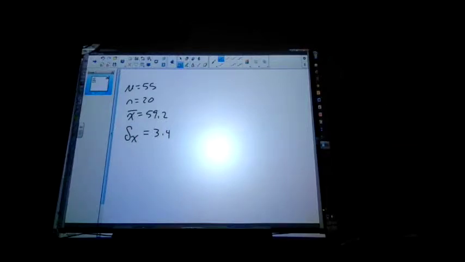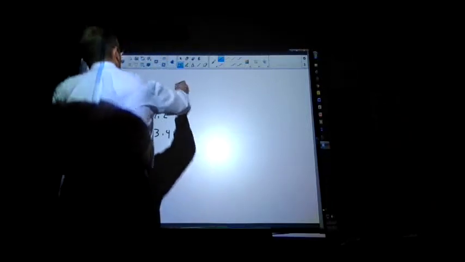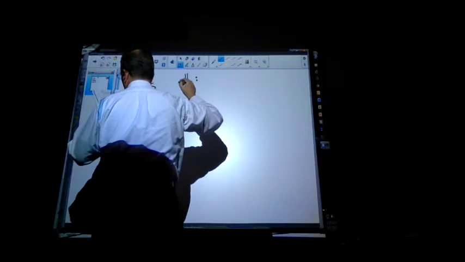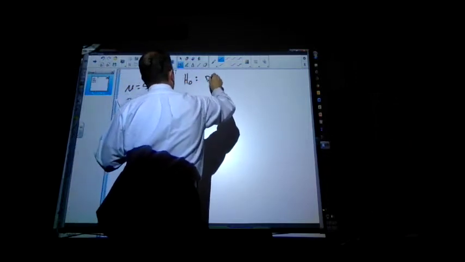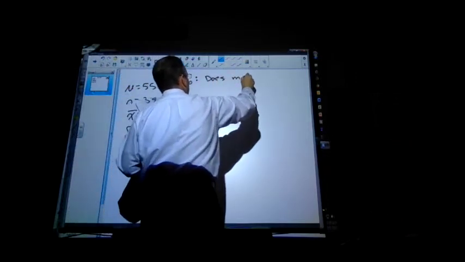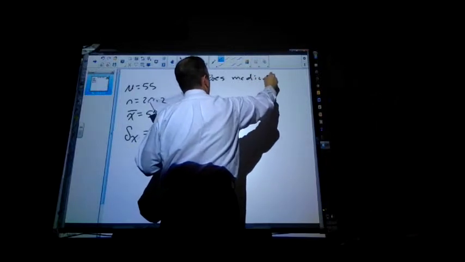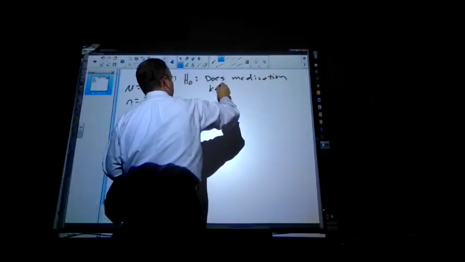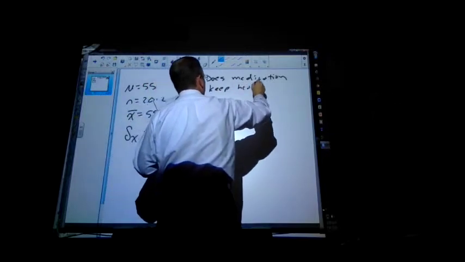So, create our hypothesis. Our null is: does medication keep heart rate the same?